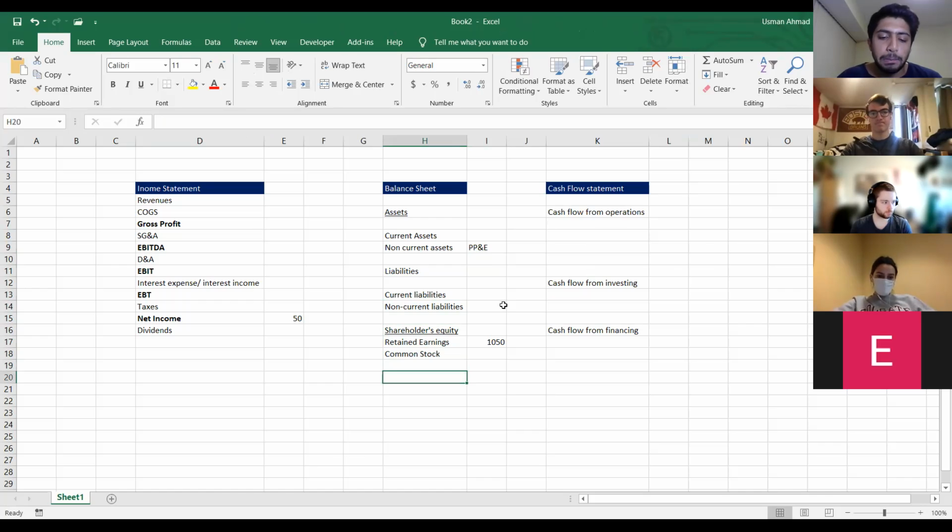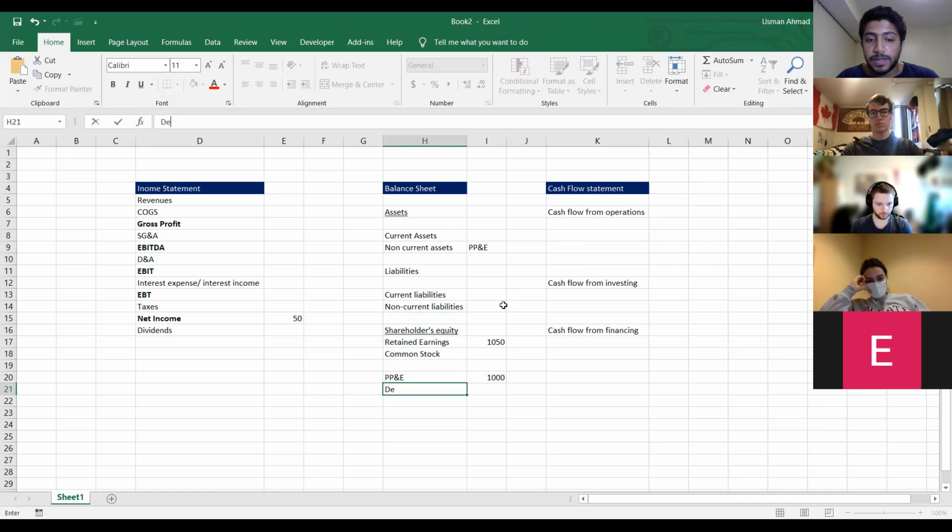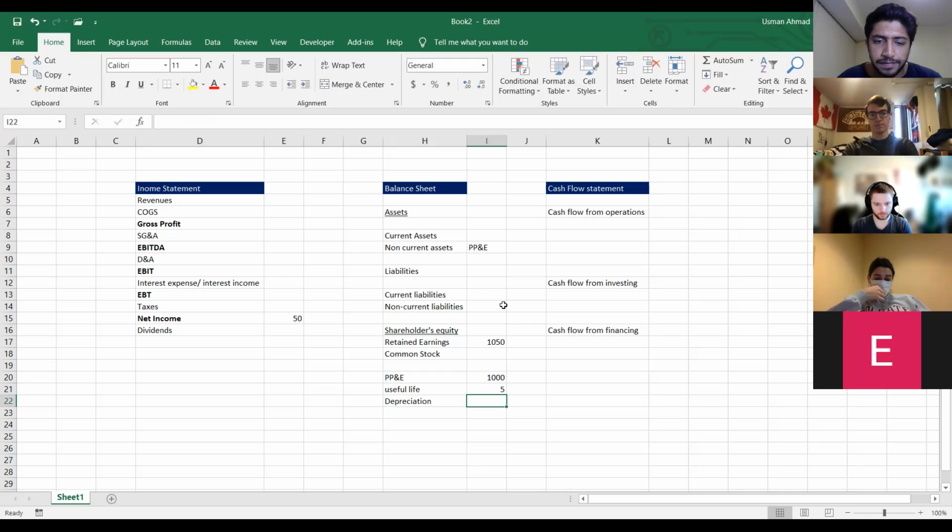For example, if we bought some PP&E in the first year for $1,000, because accrual accounting says that we have to expense it over the life of it. So if the useful life is 5 years, the depreciation every year would be 1,000 over 5, so $200. This is the PP&E schedule that we build for the balance sheet. So PP&E is here, and the PP&E schedule is down below.